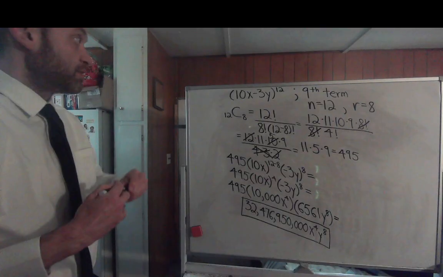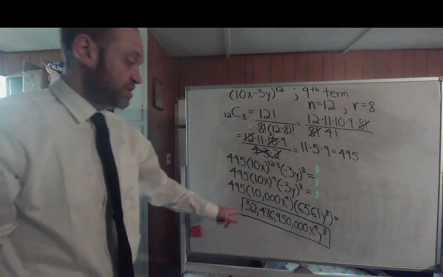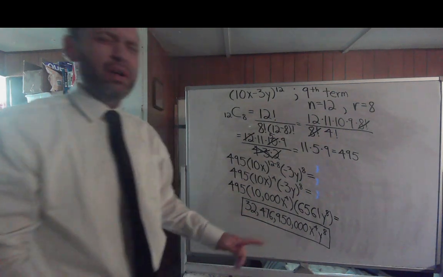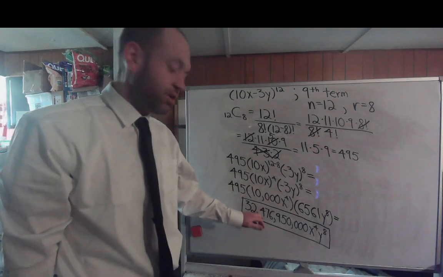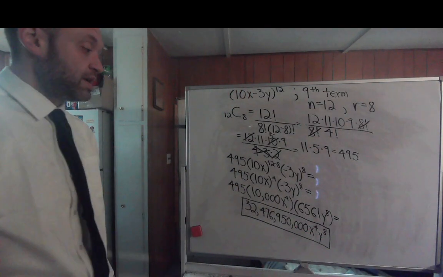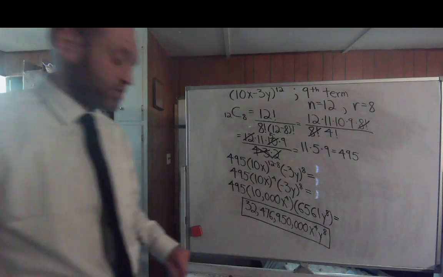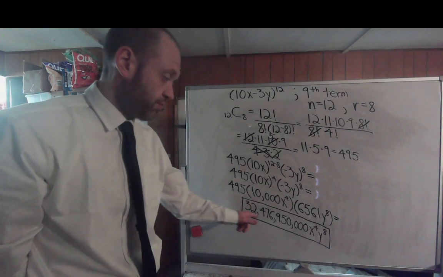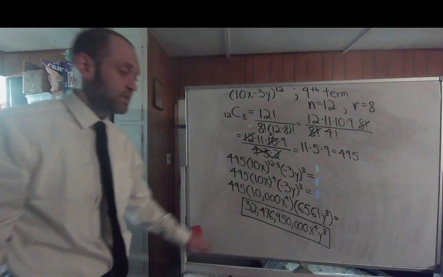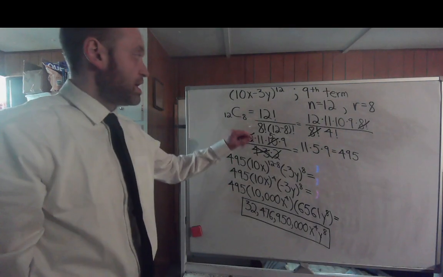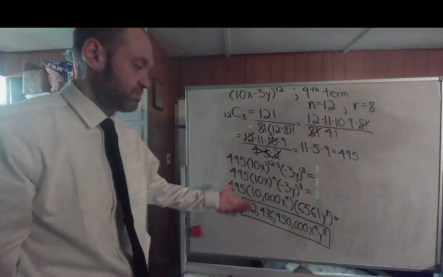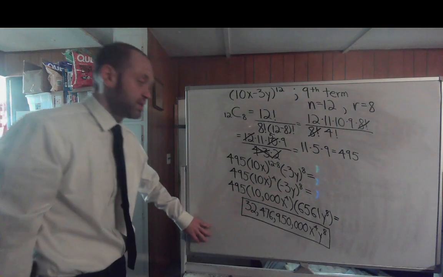So the 9th term of this binomial expansion is going to be 32,476,950,000 x to the 4th y to the 8th. And your real coefficient of this term would be that 32,476,950,000. That would be your true coefficient, because you got to consider the coefficients of the variables raised to their powers times the combination. So that's really your true coefficient.